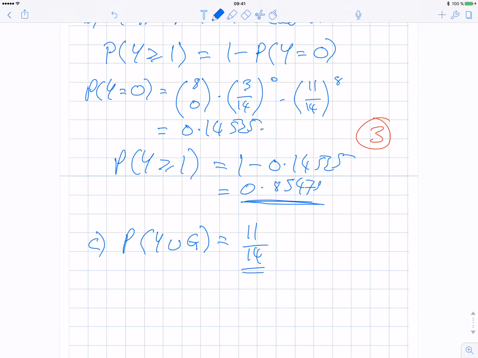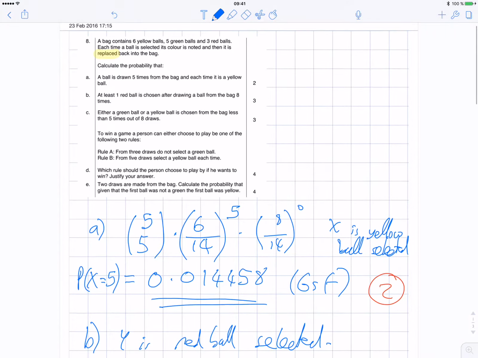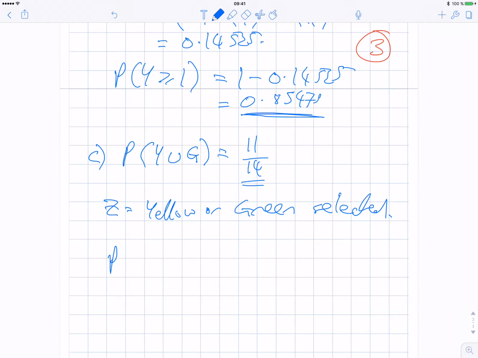I'm going to call this Z is equal to yellow or green selected. It says it's got to be less than 5 times. So we're saying that this has got to be less than 5 times. And I'm just going to do, on the calculator, menu 5 5. You could just say that's equal to, if you wanted to, it doesn't happen at all.